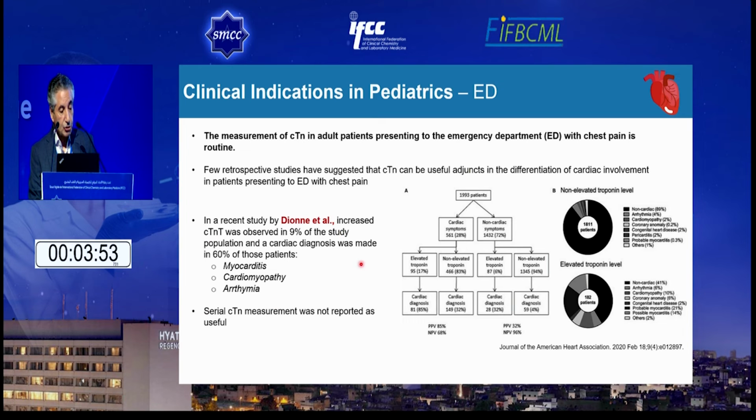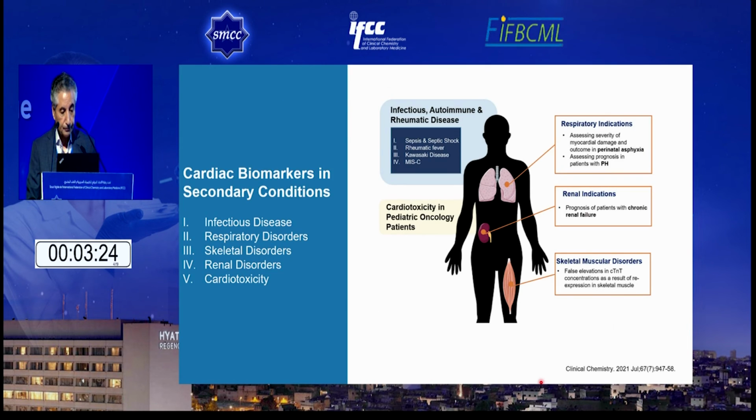Other indications are shown in a recent study. Increased cardiac troponin T was observed in 9% of the study population, and a cardiac diagnosis was made in 60% of those, with myocarditis, cardiomyopathy, and arrhythmia. Serial measurements are probably even better, but they were not reported in this case. This is a fairly recent study in the American Heart Association journal.